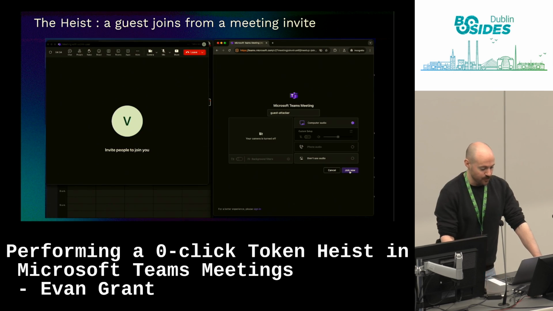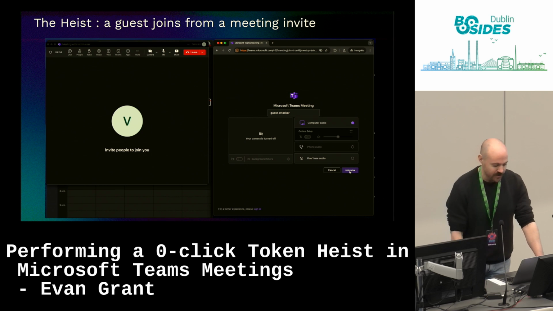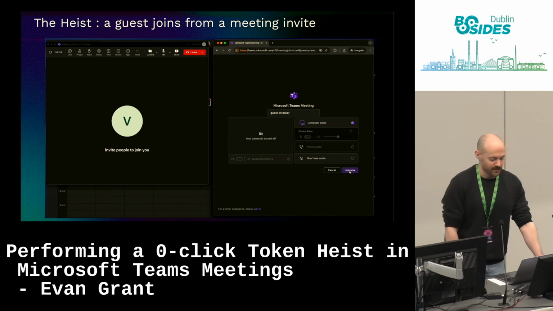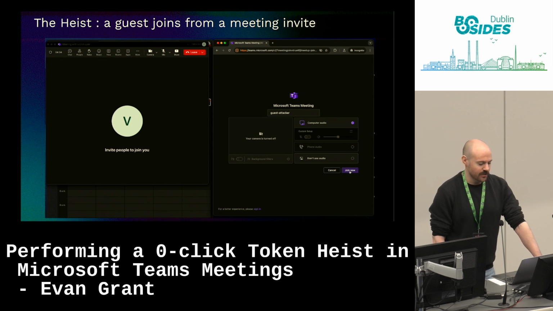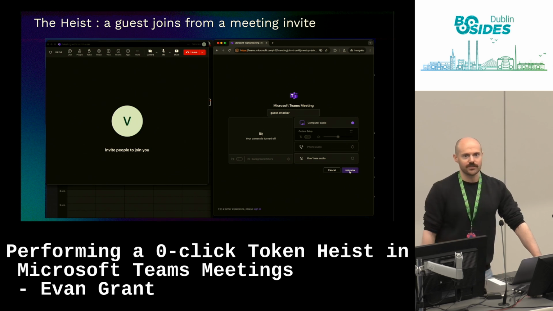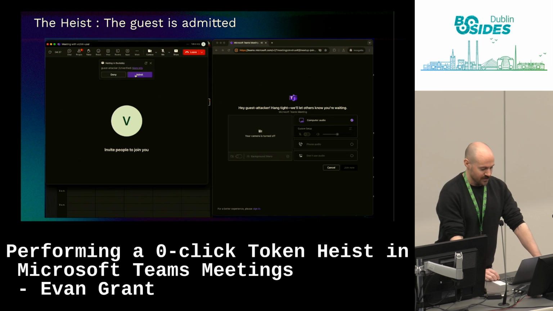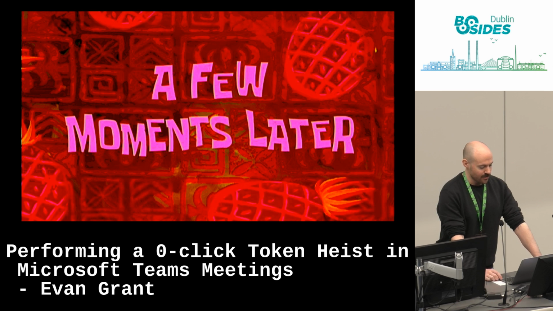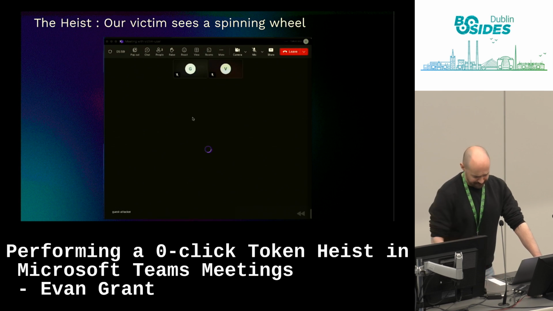So, a brief run through of what we're going to be doing. The screen on the left is our victim with the big V there, and the screen on the right is the attacker, joining a call as a guest. So for instance, if you're hiring somebody and you've never spoken to them before, you just have an open job application, they seem pretty good, you let them into the call, so you're admitting them, and that's all you had to do, basically.